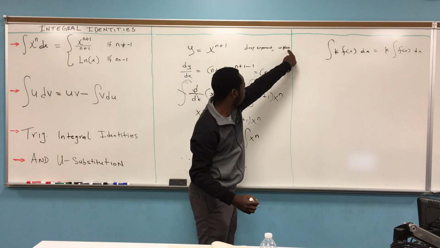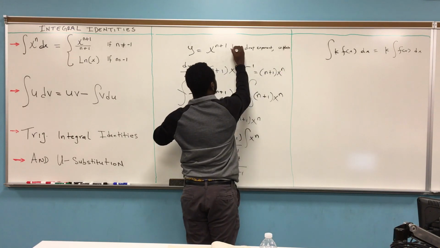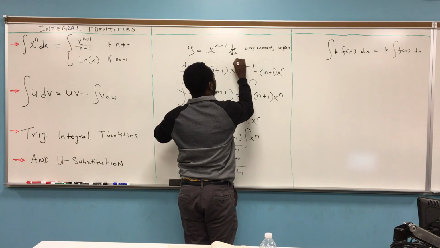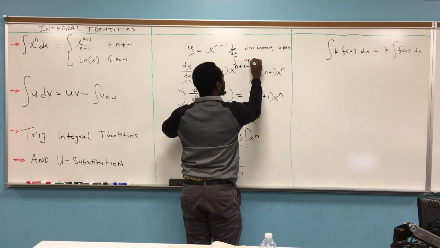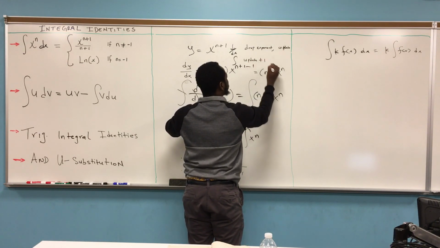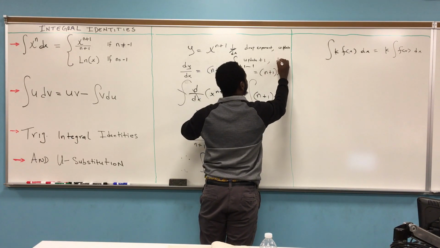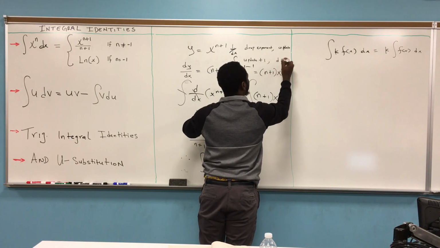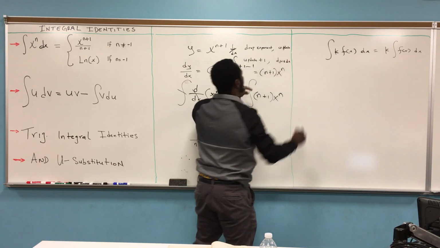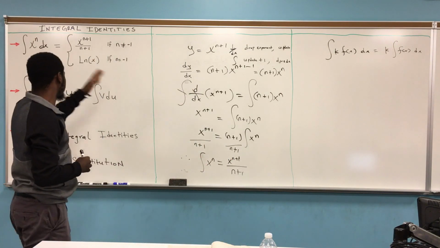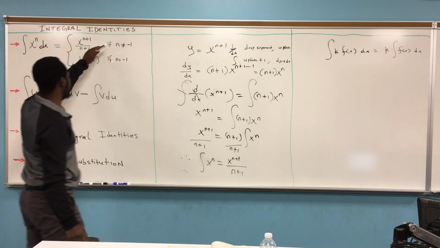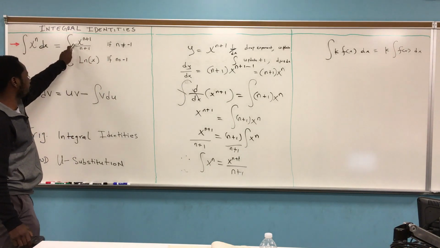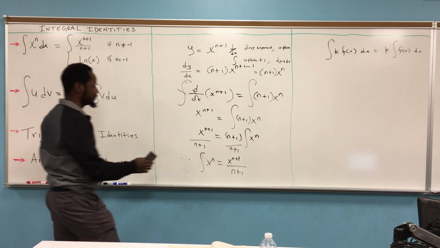And when you integrate, you start with updating it by adding 1 and divide. So you just do the reverse, and that's what it is. This just shows that this is indeed going to give you x to the n plus 1 over n plus 1.